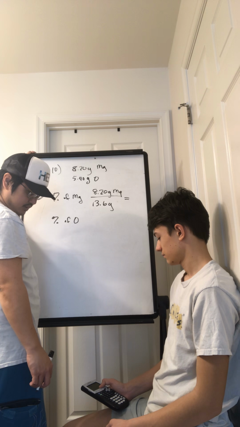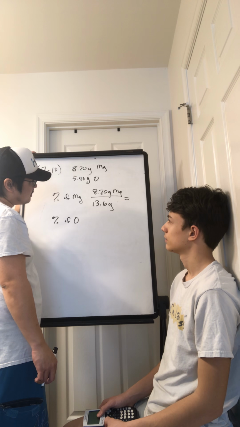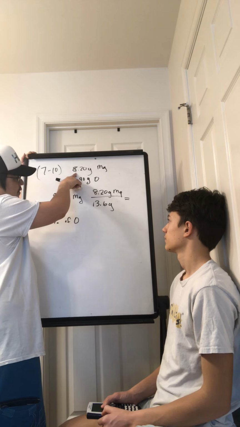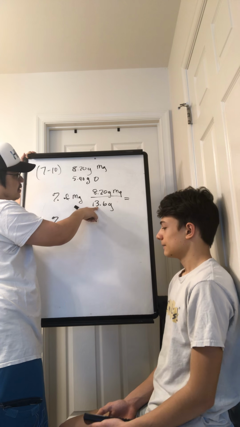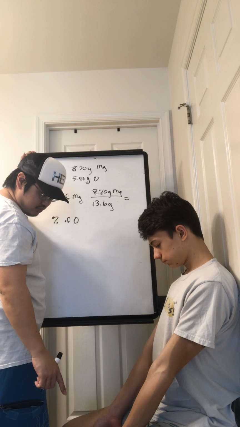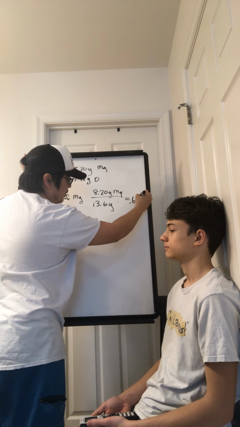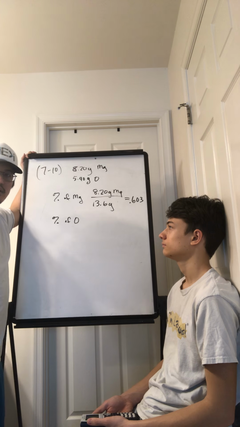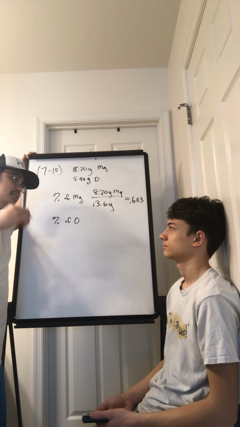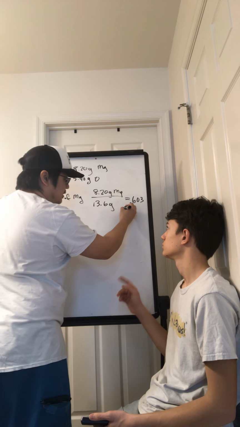How many sig figs should we include? 3, because that's 3 sig figs. So it's 0.603. But remember, don't just trust the number that comes out on your calculator. This is a percentage, so it's 60.3%.